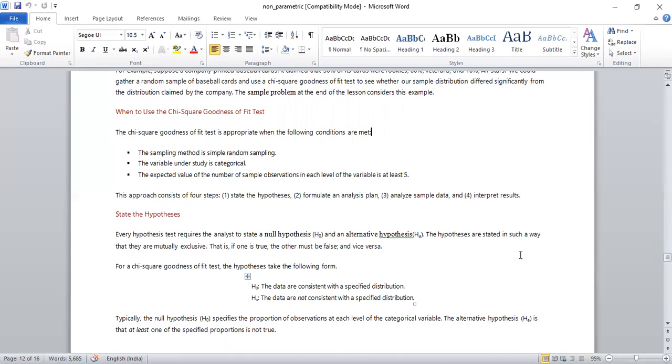That is what the sample statistic tells about the population. Here we are considering the proportion.